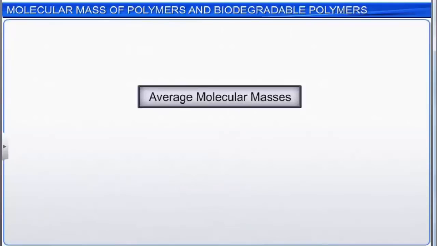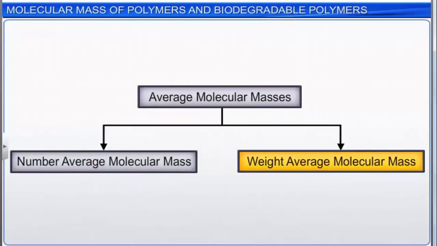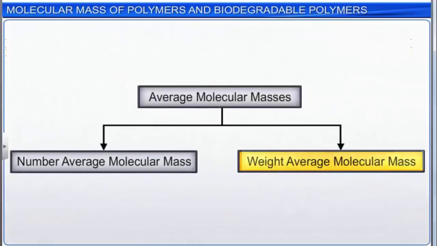We can calculate the average molecular mass in two ways: number average molecular mass and weight average molecular mass. Number average molecular mass Mn is essentially an arithmetic mean. To calculate number average molecular mass, find the total mass of polymer molecules and divide it by the total number of polymer molecules. Weight average molecular mass is indicated by Mw.